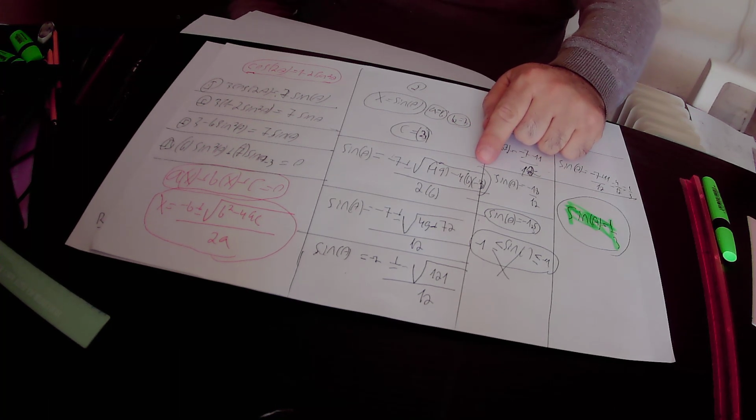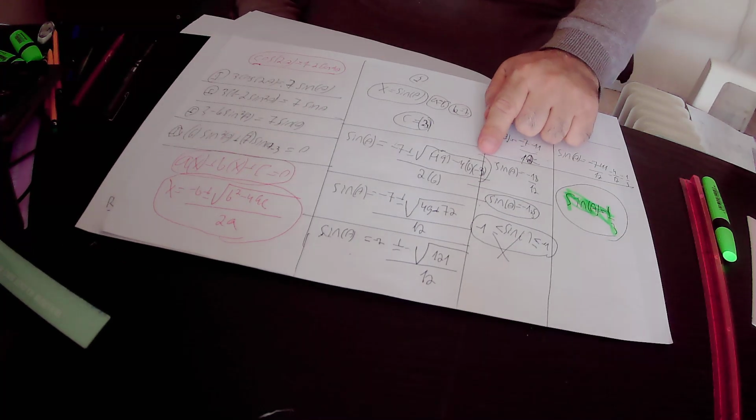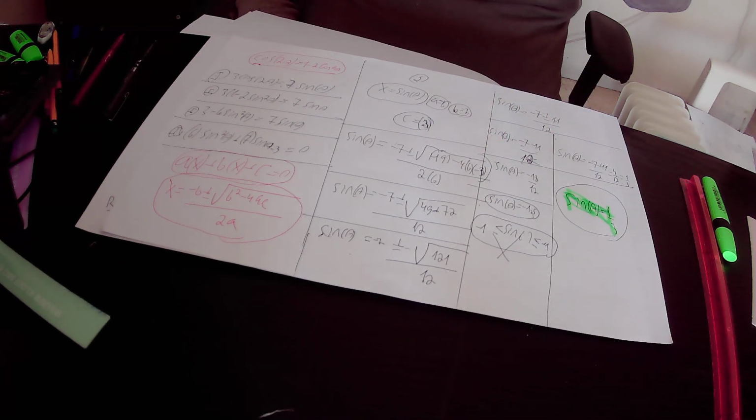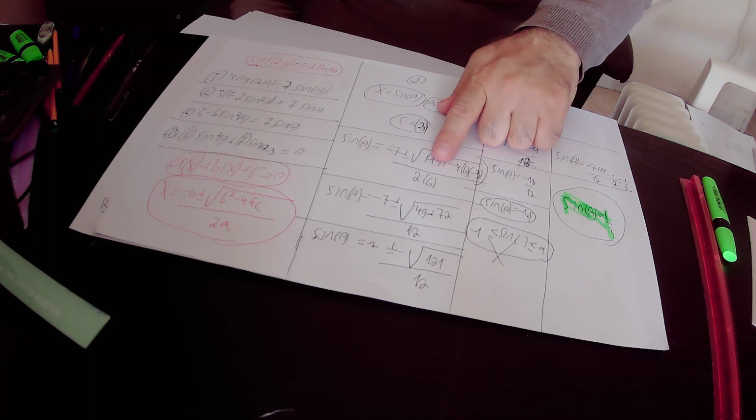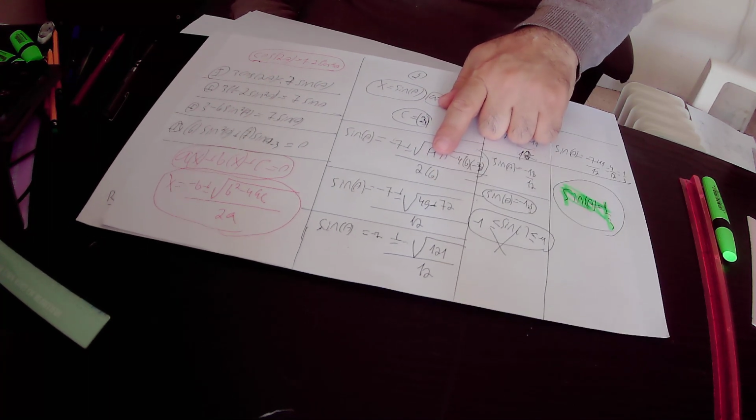Minus 4 times ac. A is 6 and c is minus 3, so minus 4 times 6 is minus 24, and minus 24 times minus 3 is 72. And divided by 2a, a is 6, so it is 2 times 6.